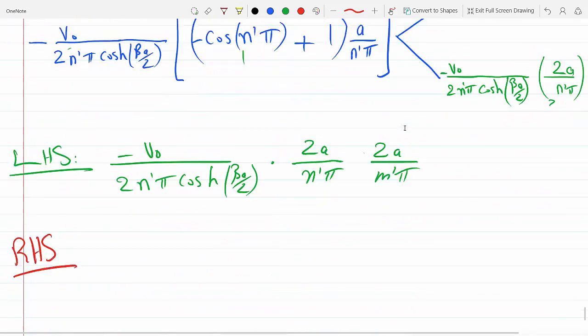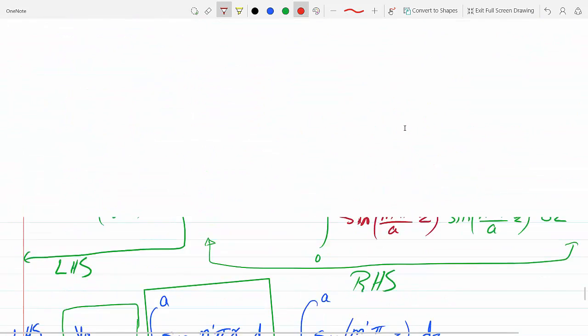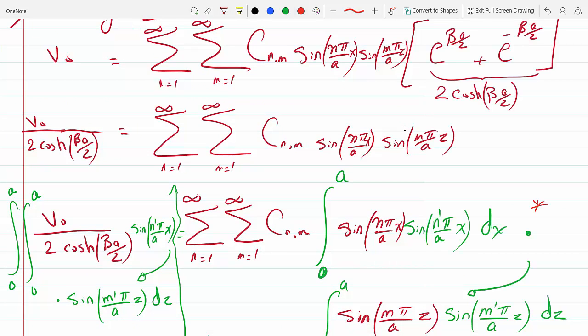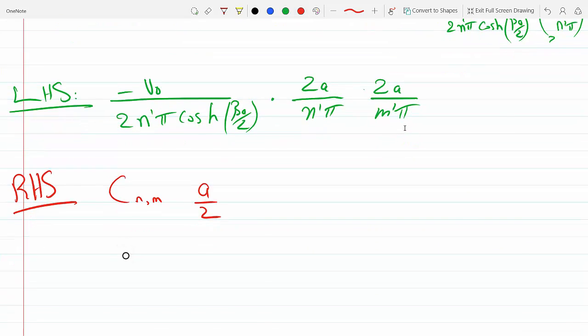So the right hand side becomes CNM times a over 2 for the first guy, but then you also have the same exact Fourier trick on the second guy on the right hand side. This will also get you a over 2, from 0 to a. So you get a over 2 times a over 2. You understand what I'm saying?